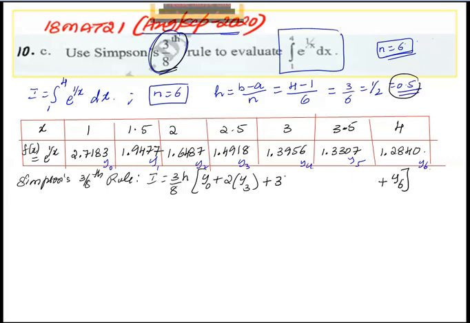Next, 3 times the remaining values, that is y1 plus y2, y3 written here, y4 and y5. And the last value is y6.